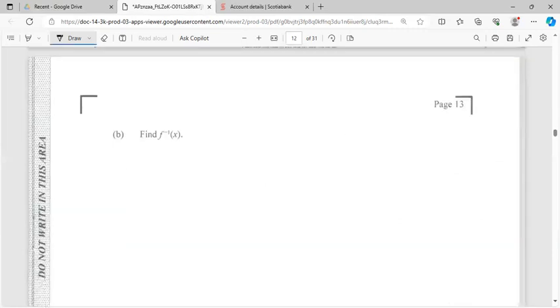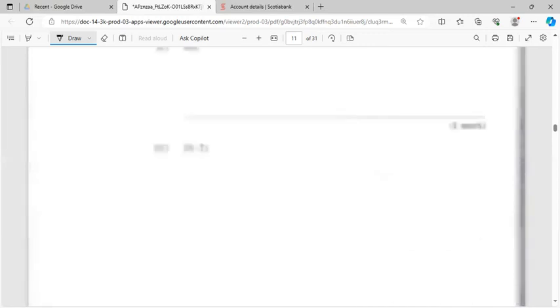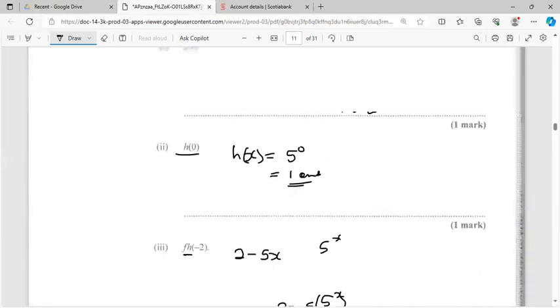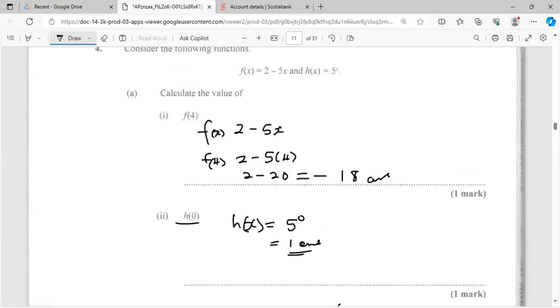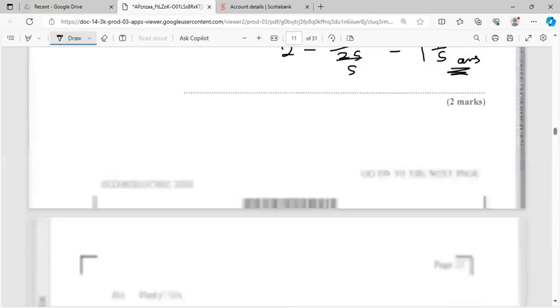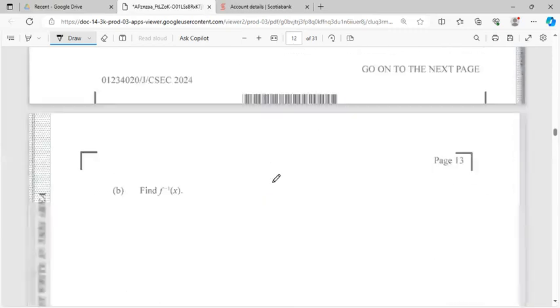Alright, so they say find the inverse of f(x). So what was f again? f was 2 minus 5x. And we have f of x.